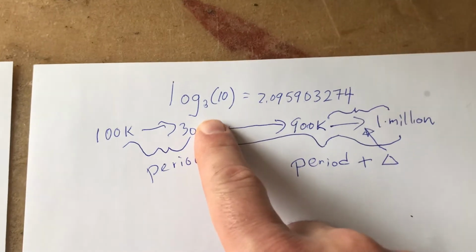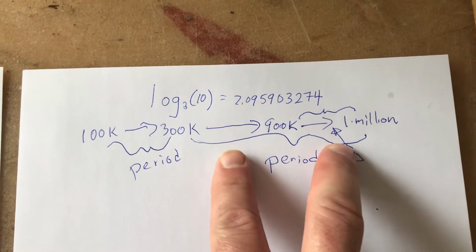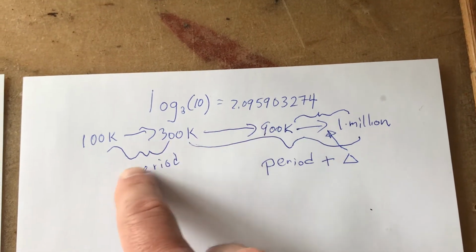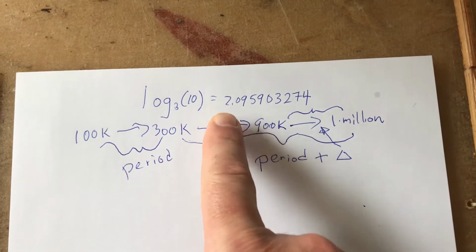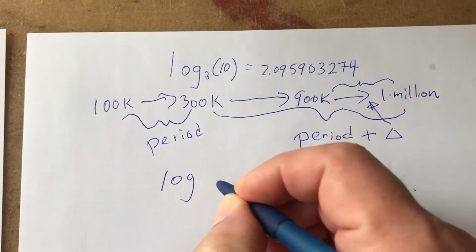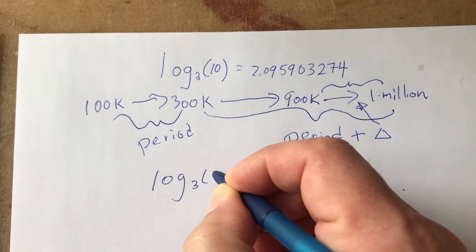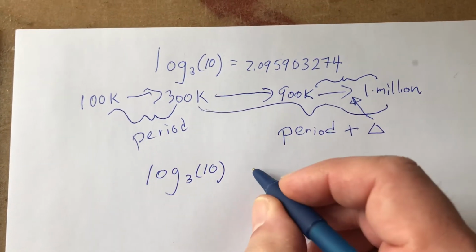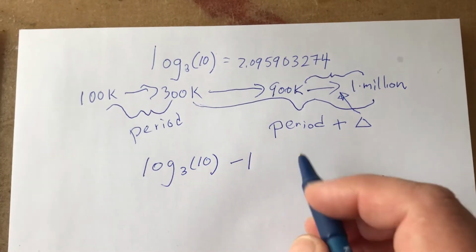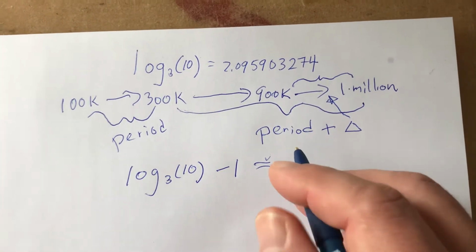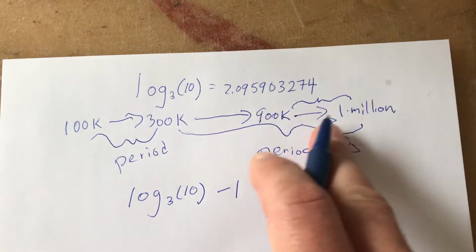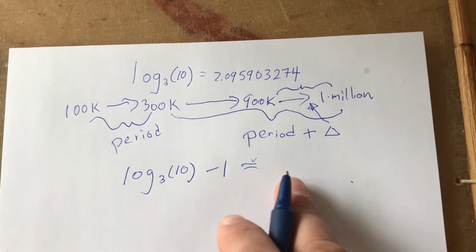Well, if log base 3 of 10 equals this, and we know this, then we know if we just take out this period, that's just like subtracting 1 here. So if you take log base 3 of 10 minus 1, we can equate that with this part of the time frame, not numerically equating.